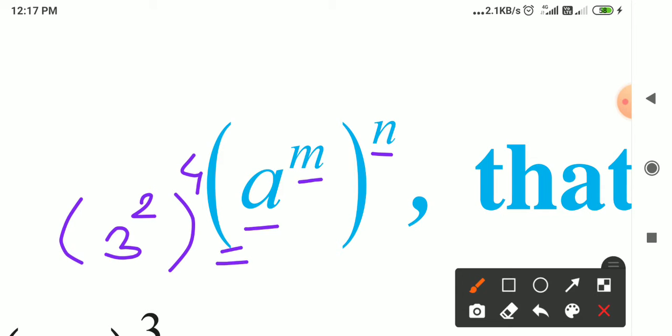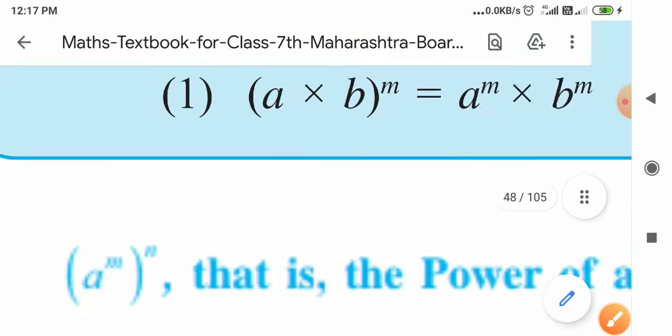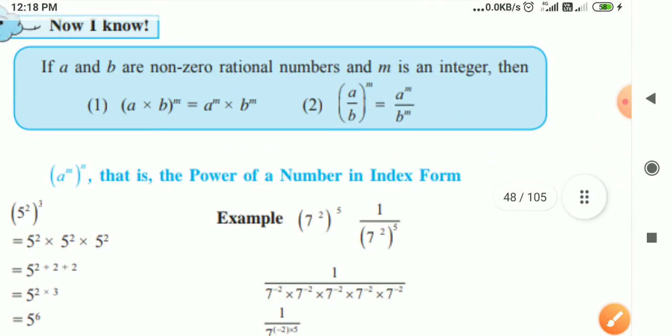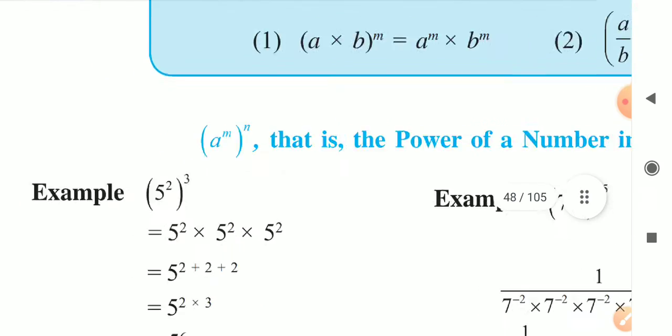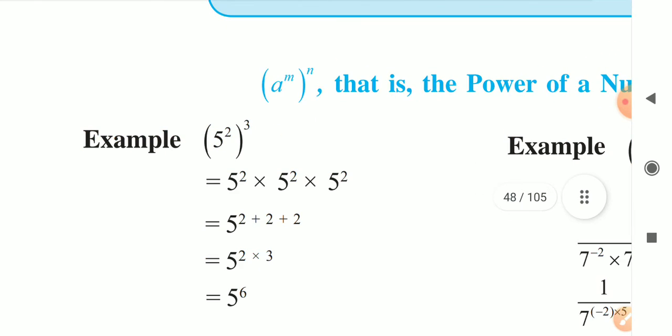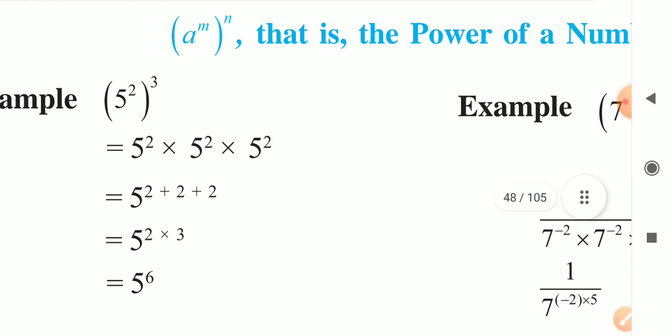In such a situation, (3 raised to 2) raised to 4 means 3 raised to 8. We have to do the multiplication of the indices. So here is the power of the number in index form. Here the question is given, and how to solve it is shown here, just as I told you.